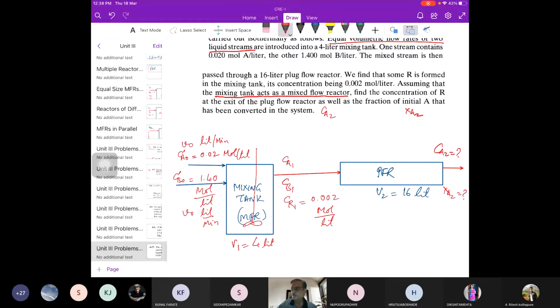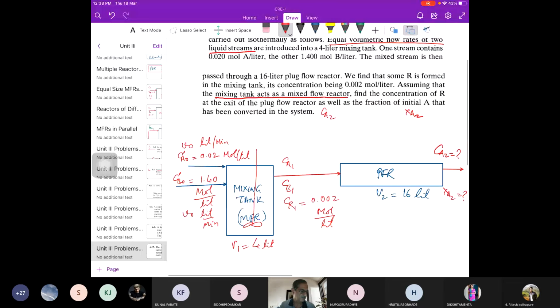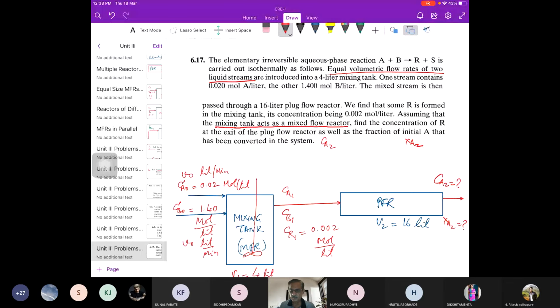Any questions on this problem statement or understanding of the problem? How many people have not understood this problem statement? सर यहाँ पे CS1 नहीं लेना है, रिएक्शन में S भी है ना, प्रोडक्ट क्या बोल रहे हैं? प्रोडक्ट में सर S भी है ना, R+S.